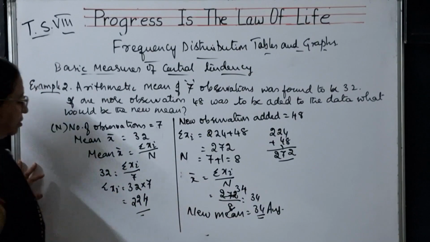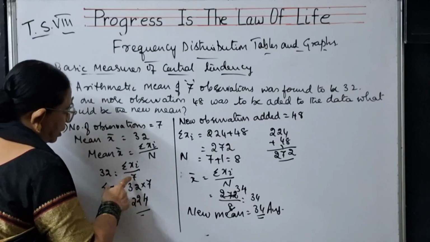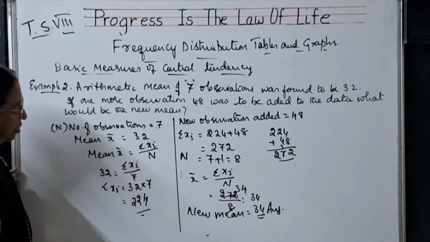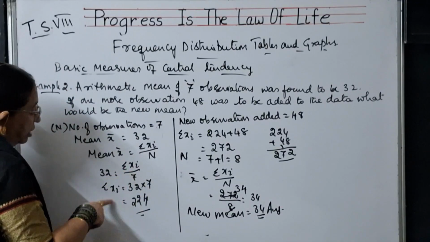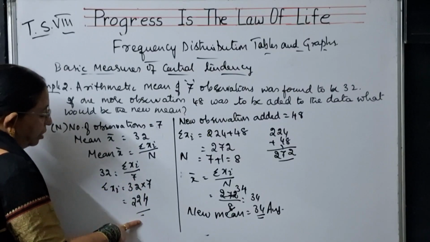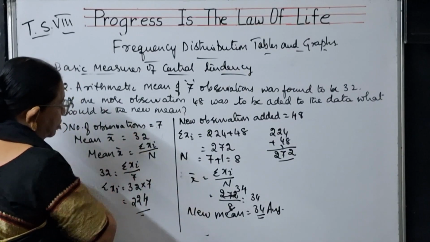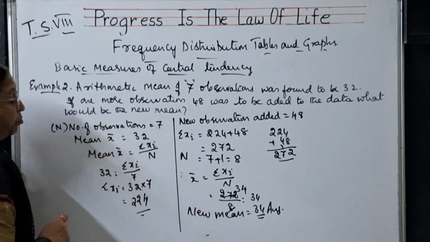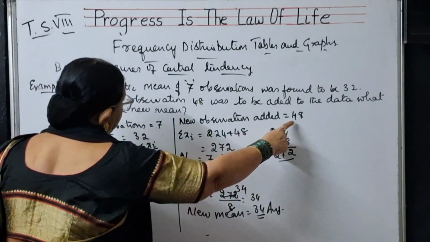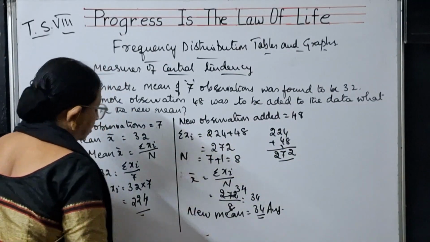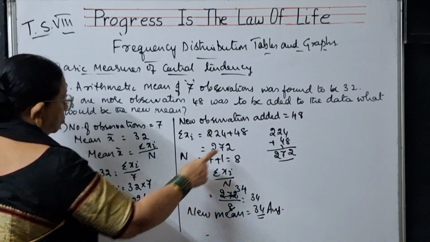Out of 3 values, 2 are there, so you can find out the third one very easily. Sigma xi is 32 into 7, you have got 224. Now this is the sum of the observations given to us, but they have added one more number, 48. That means you have to add that 48 to 224.